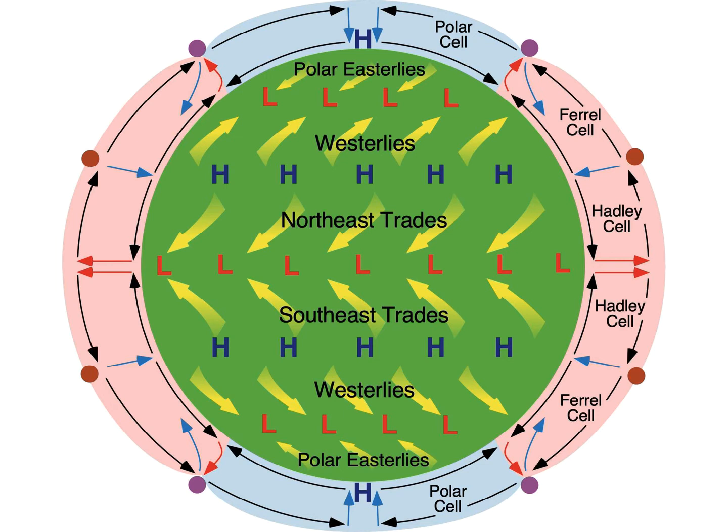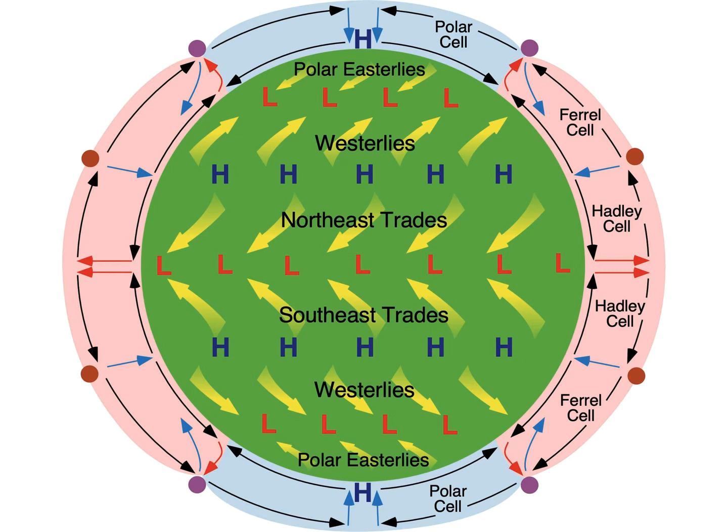Okay, in terms of global wind systems, we have the northeast trades and the southeast trades. Northeast in the northern hemisphere, southeast in the southern hemisphere. The trade winds blow from a higher latitude to a lower latitude in an east to west direction.